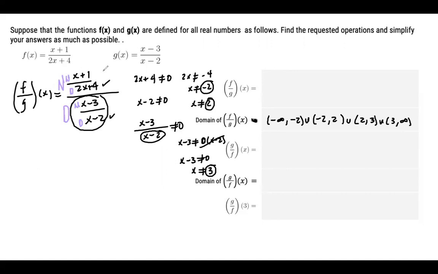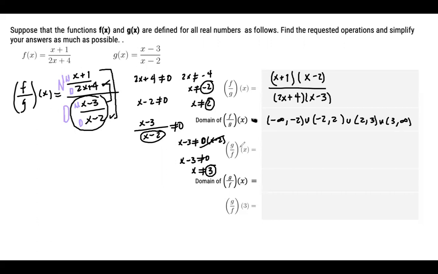And now we can actually do the division. So you're going to end up with x plus 1 times x minus 2 divided by 2x plus 4 times x minus 3, and we can leave it there.